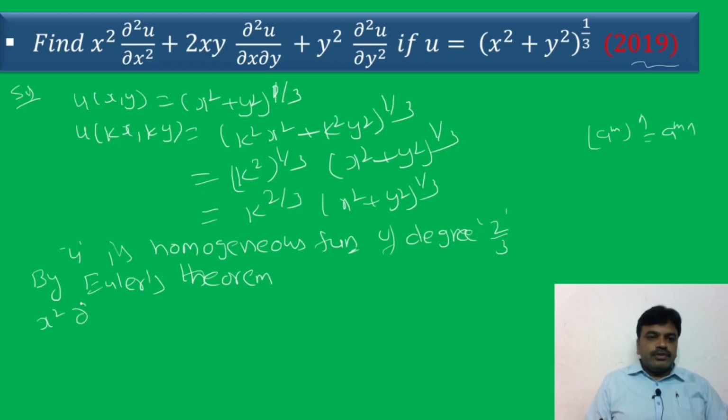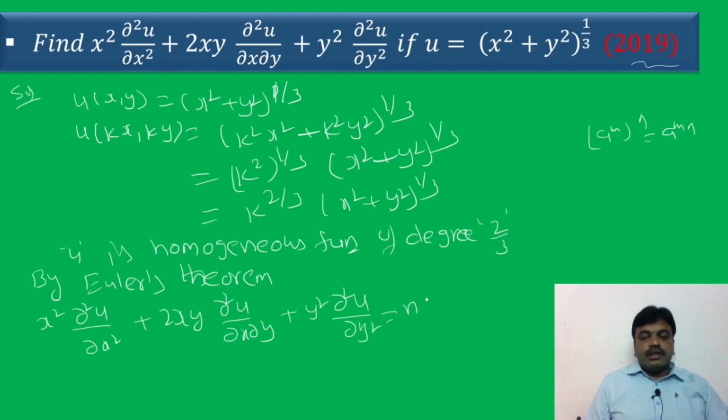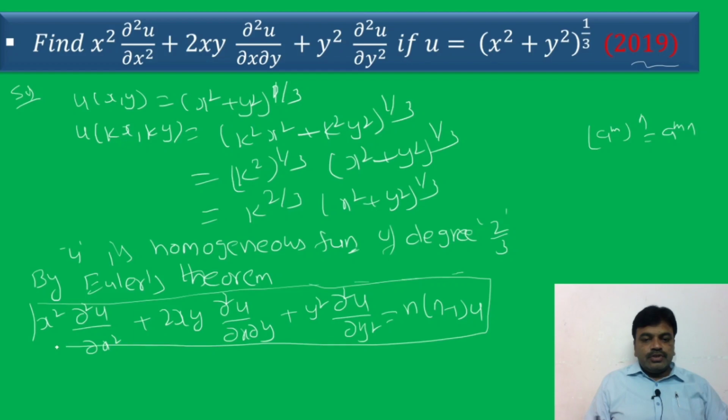x² into ∂²u/∂x² plus 2xy ∂²u/∂x∂y plus y² into ∂²u/∂y², that is equal to n into (n minus 1) into u friends. What friends? n into (n minus 1) into u.